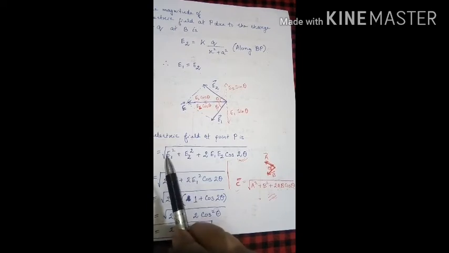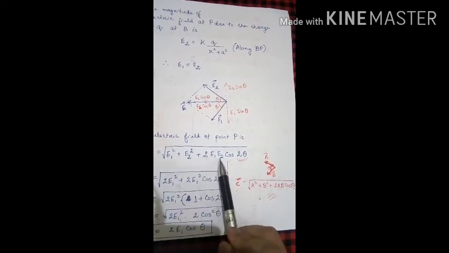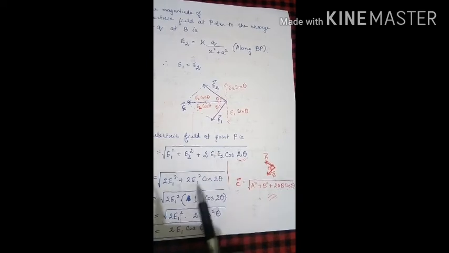This will become E1 square plus E1 square, which is twice E1 square, plus 2 E1 E2, and putting E2 equal to E1, this becomes 2 E1 square cos twice theta.